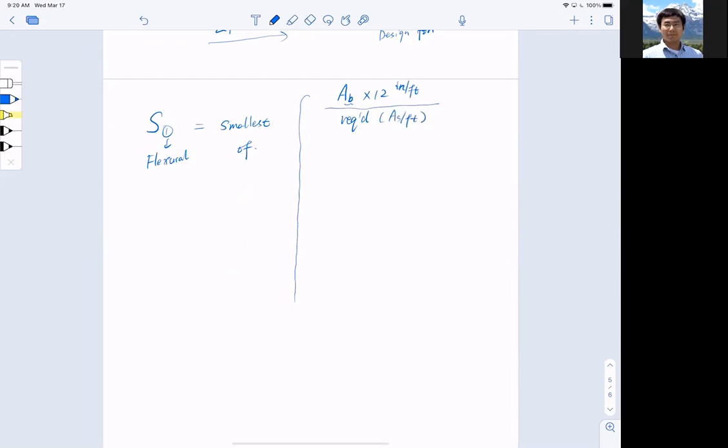And AS per foot is the converted value. I explained how that relates to the moment, but all you need to know right now is that it is related to the moment MU here. All right, so this is the first equation.